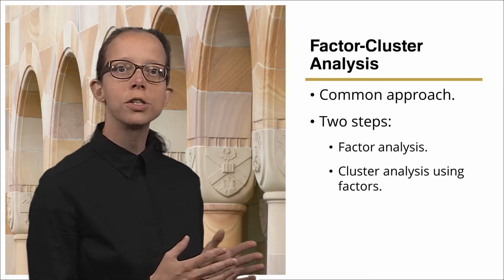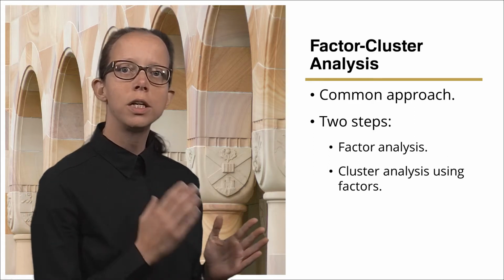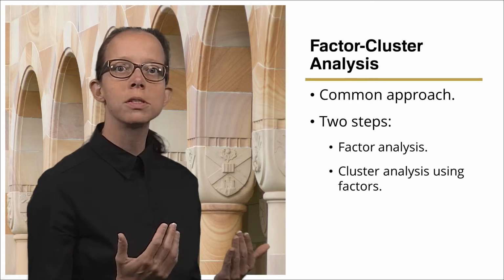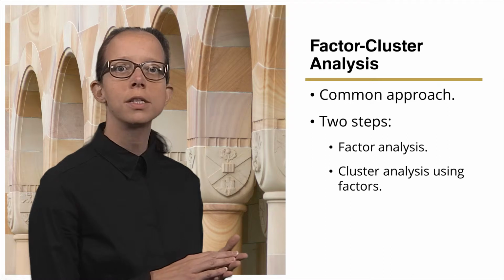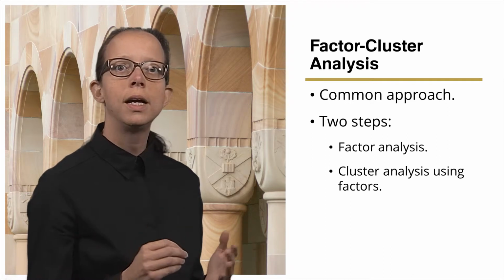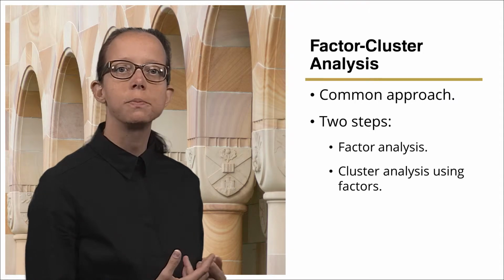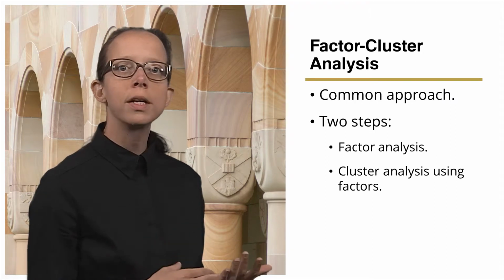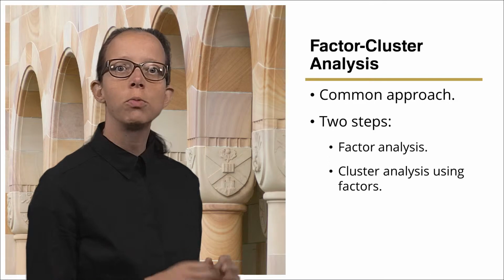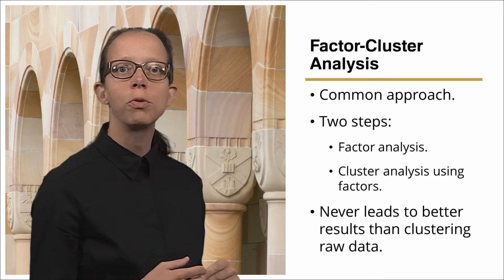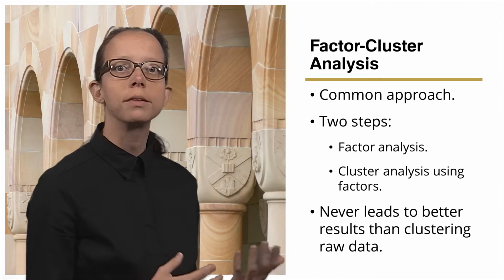If we use the original variables, we understand what each one of them means. As soon as we transform the variables, it is not actually obvious anymore what they represent. This complicates the interpretation of results from factor cluster analysis. We ran a simulation study with artificial data with known properties and found that factor cluster analysis never outperformed cluster analysis on the raw data.